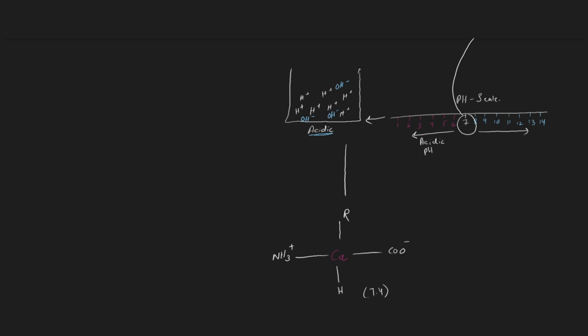Now the concentrations of hydrogen ions and hydroxyl ions are not equal, and the concentration of the hydrogen ions is high as compared to the concentration of the hydroxyl ions, which is low.